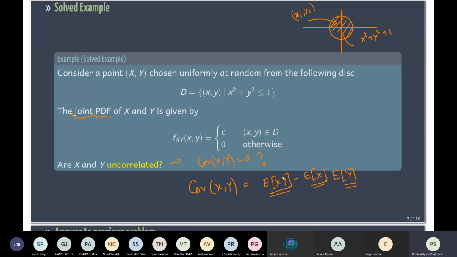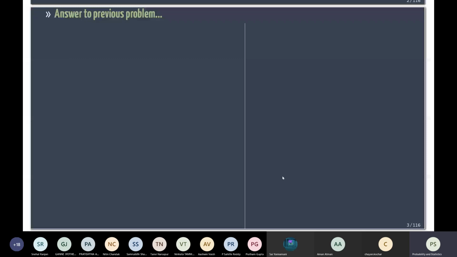One thing we notice is from the previous example that we did on this. There was one example on this before.